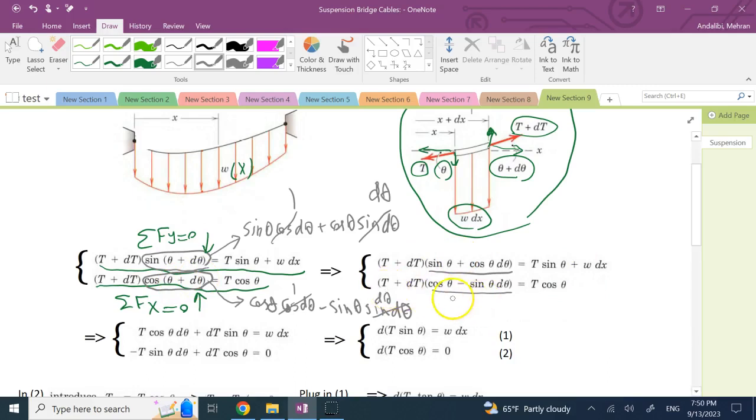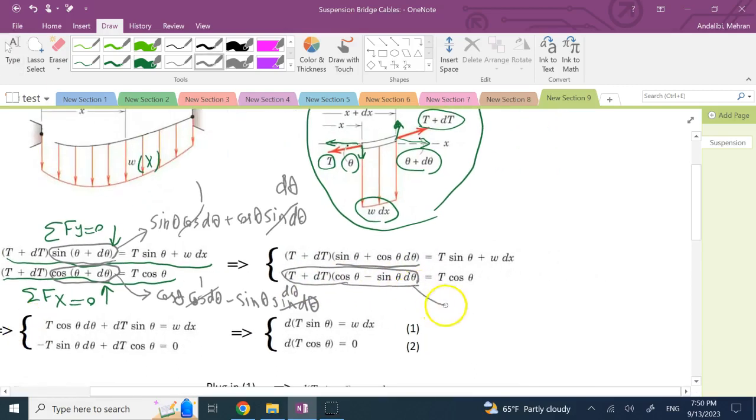Well, if you look here on this left side, what can I do? There are two terms and there are two terms, right? So if I multiply this, what do I do? You get four terms.